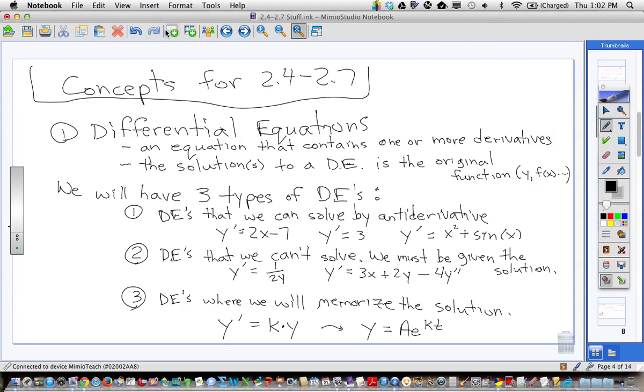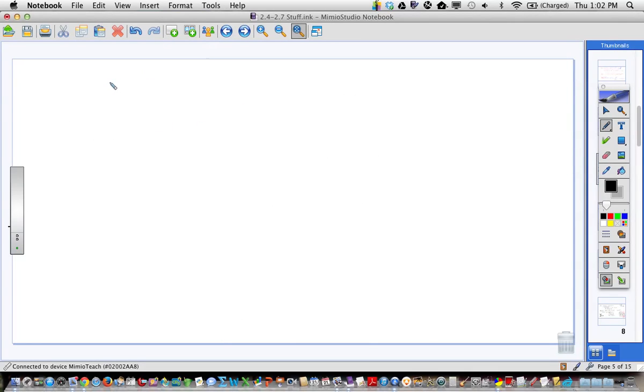All right, let's do an example of one of those. So if I had y prime equals 0.06y, this looks like that third one that we just wrote down, where the k is replaced by 0.06.